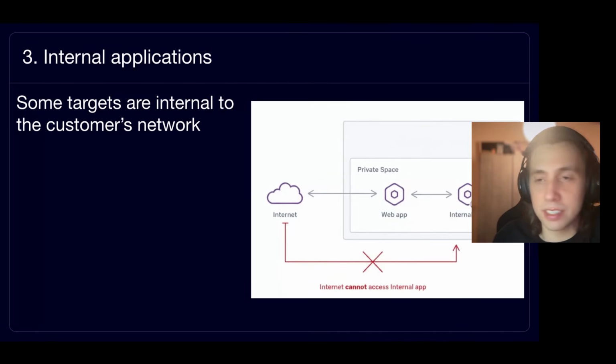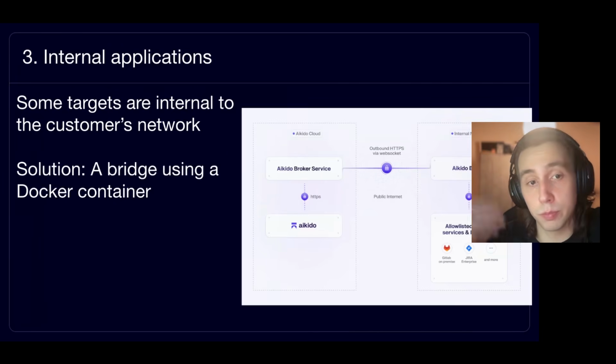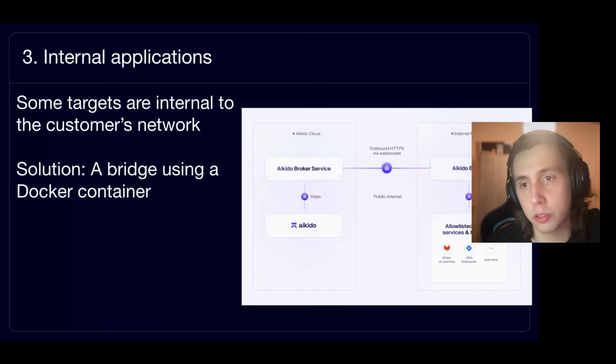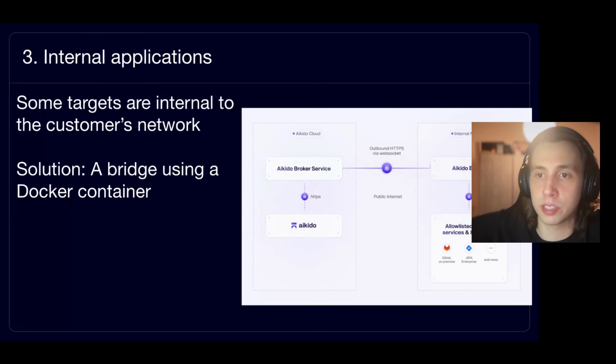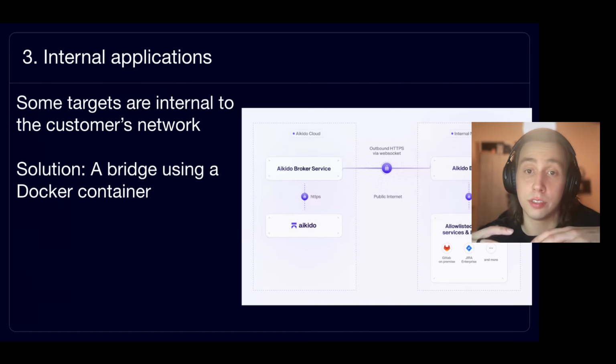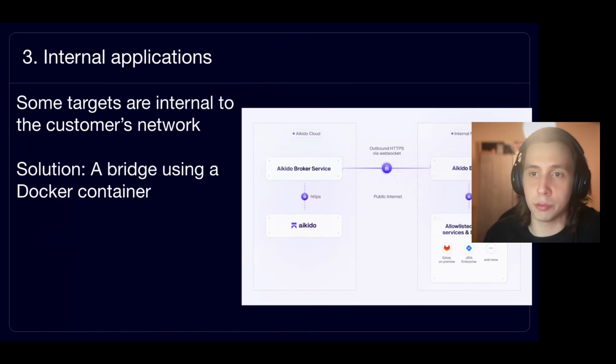So we have this VPN support, but we also have a simpler approach where we can just install a Docker container, and this Docker container is going to connect back directly to our services. It's not something they have to expose. It's us that are exposed via a public endpoint that they can connect to with their own token, and then it creates this bridge between Aikido and their own application. Yeah, which is also something on real pen tests.